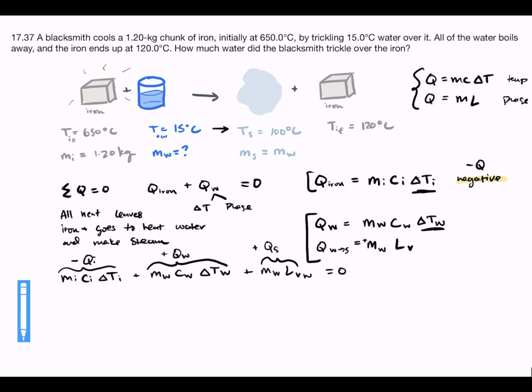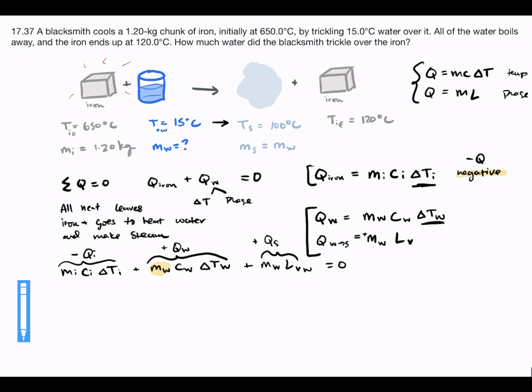And then we can plug these in and solve, because the thing we want to find is the mass of water, since that's the only thing we don't know, and it's what we're asking for. When we do the algebra, we solve this for mass of water, which means we can group things nicely. It should be negative here, just from the algebra.